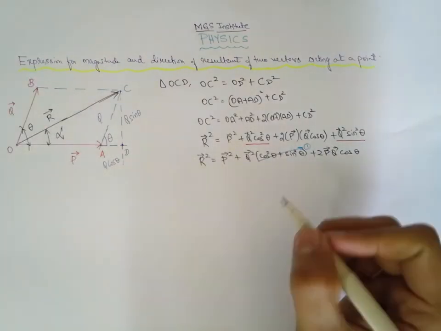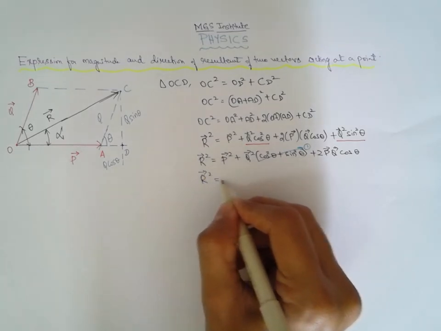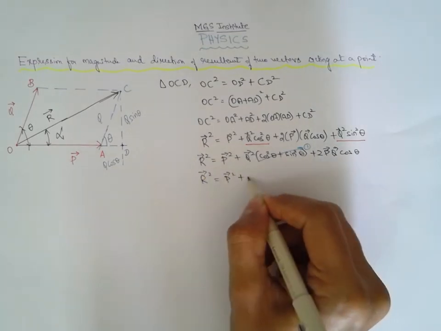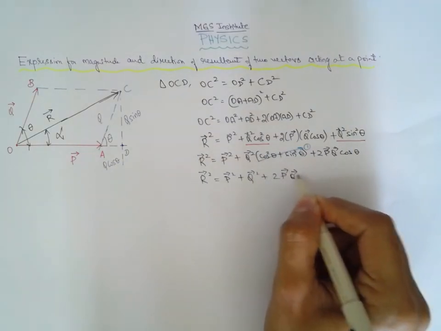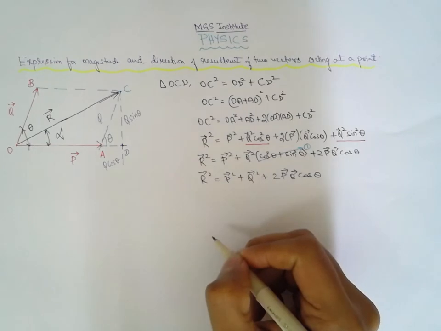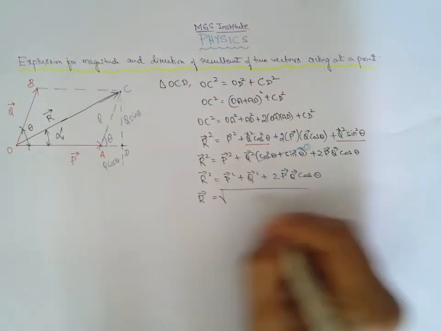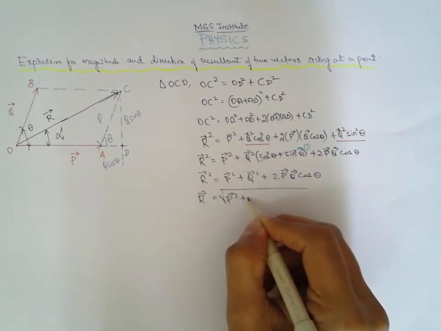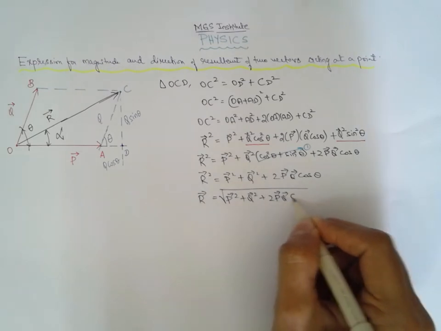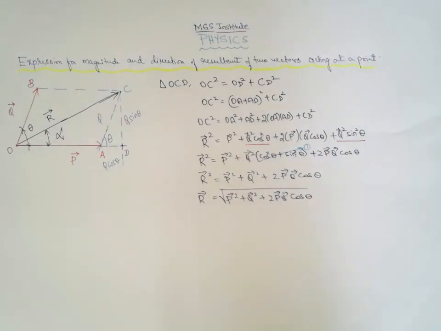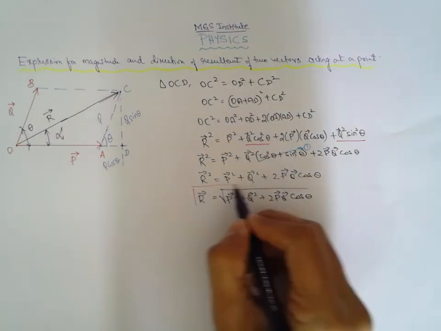So now R equals square root of P square plus Q square plus 2PQ cos theta. This is how we get the resultant.